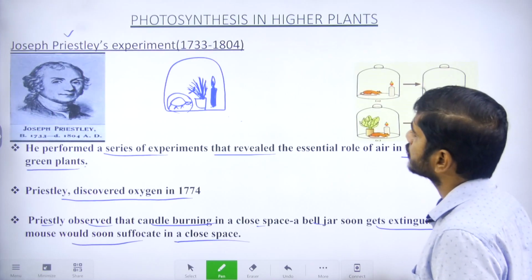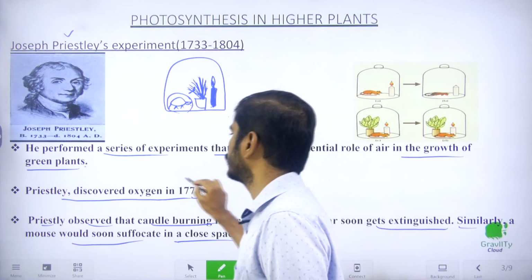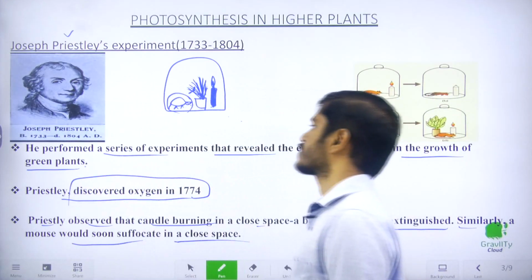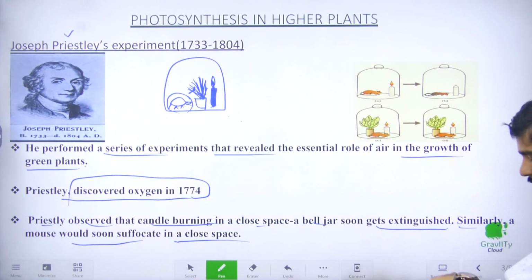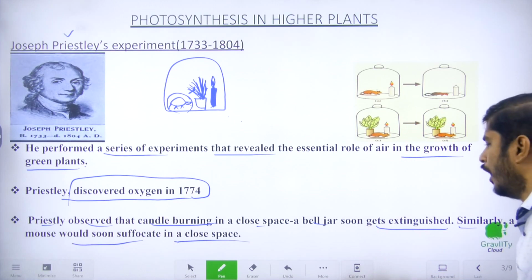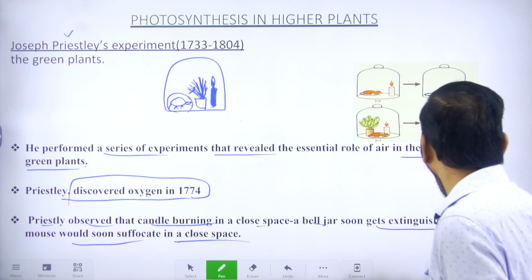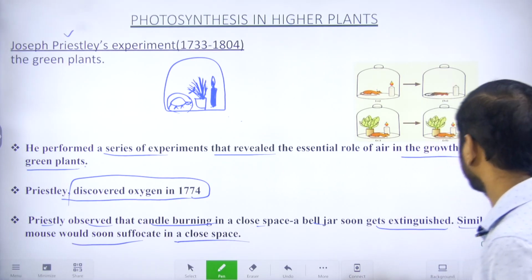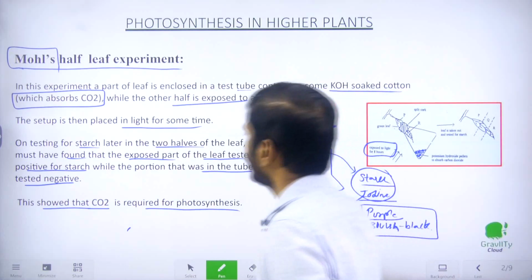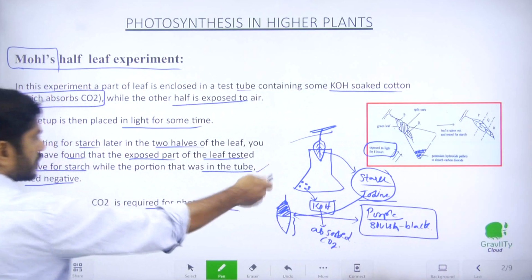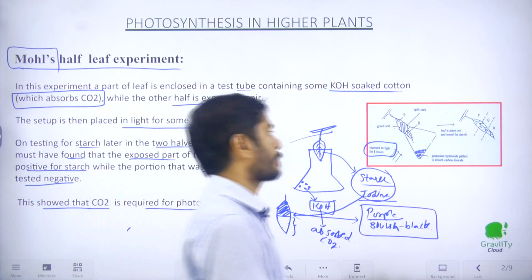Next, Priestley, one of the prominent persons who discovered oxygen, right. This is how his experiment went. Next, Moll's half-leaf experiment, which confirmed that starch is synthesized in the leaves.